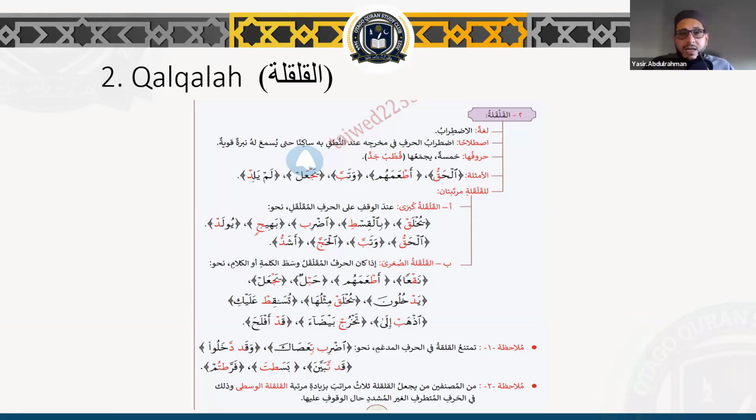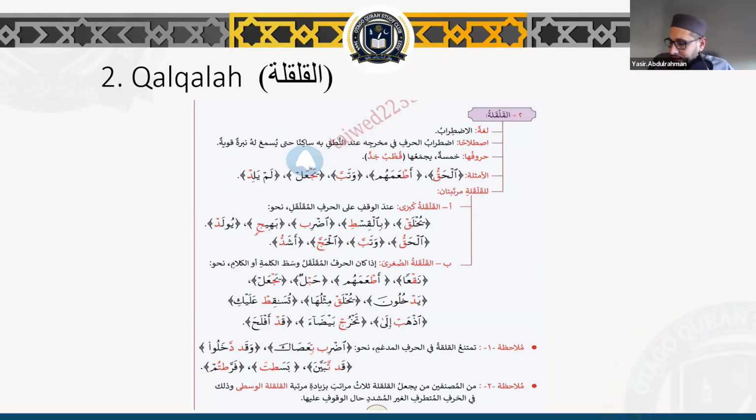So if I don't do the qalqala, the ta, for example, would sound like at. I can't go anywhere. The sound stops completely. The only way I can run away from that toughness is by adding that additional qalqala, which is a disturbed movement. Ato, like this.